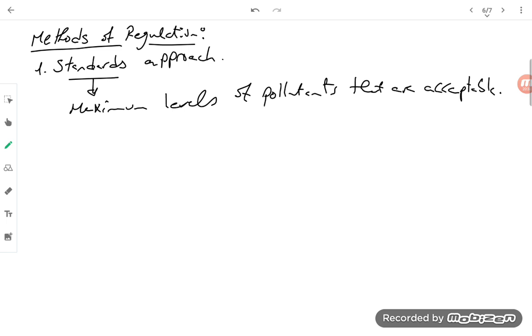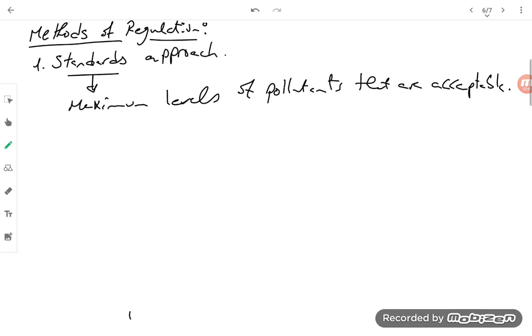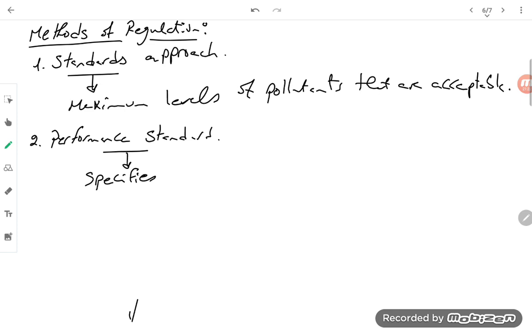Number 2, performance standard. A performance standard means a regulation that specifies the required level of performance, but not the means of compliance.